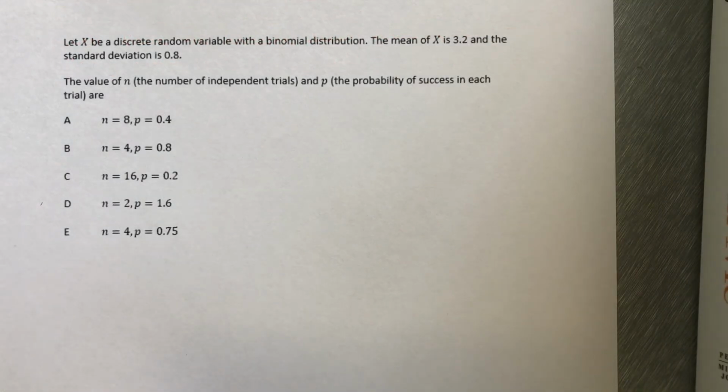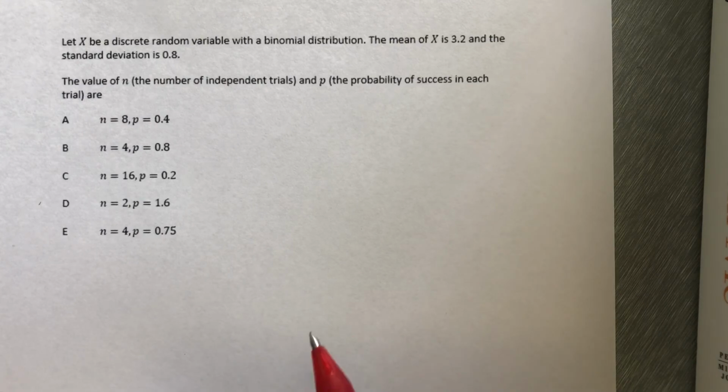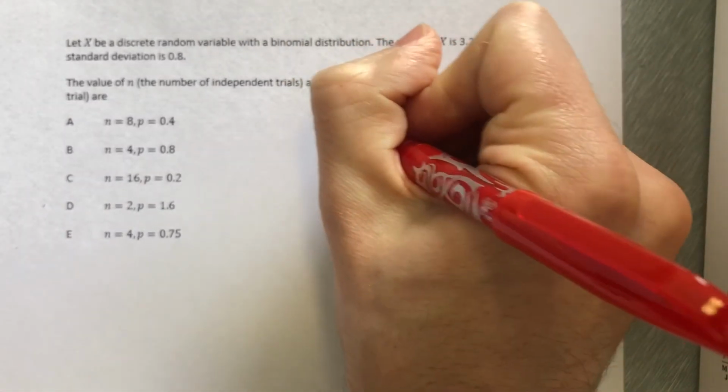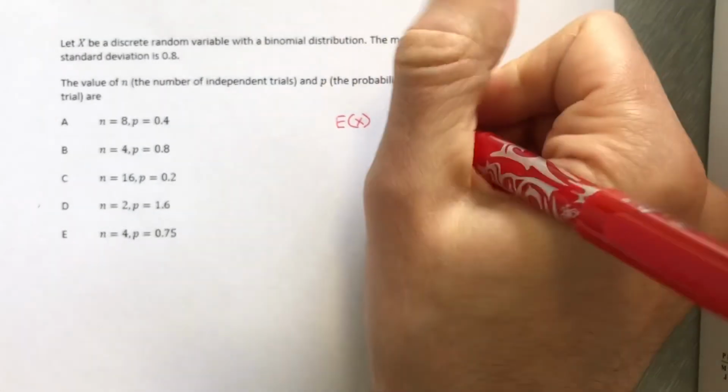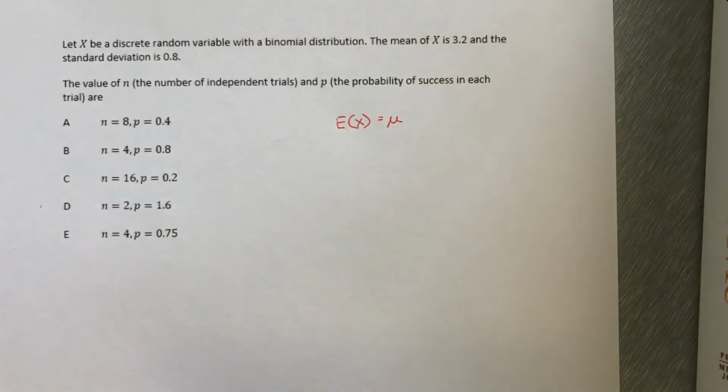So earlier I skipped the part talking about the expected value or the mean and the variance or standard deviation of a binomial, but I'm going to come back to that right now. We normally think about standard deviation and mean and think normal distribution, but binomial distribution has a mean and a standard deviation as well. So we need to know how to get those two things. Now there's a couple of rules. The mean, now they use expected value sometimes, but expected value is the same as the mean.